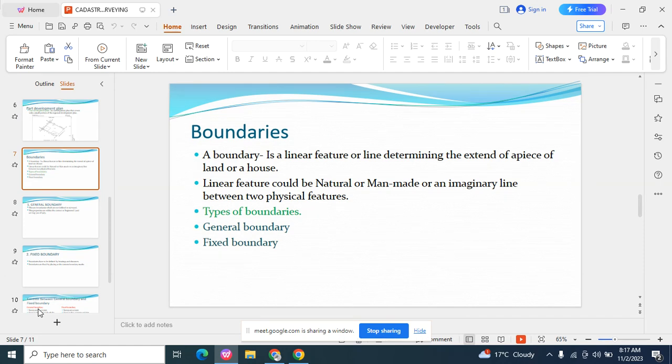Now we see the boundaries. Someone to explain for me what a boundary is. Anyone, please? What is a boundary? A boundary is a line.